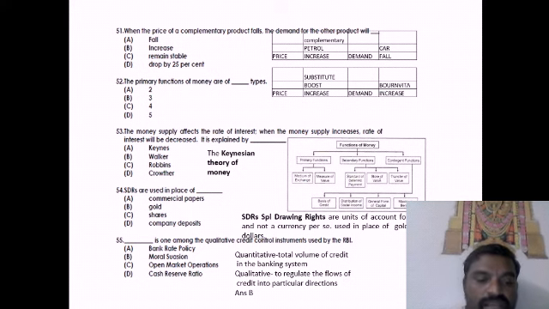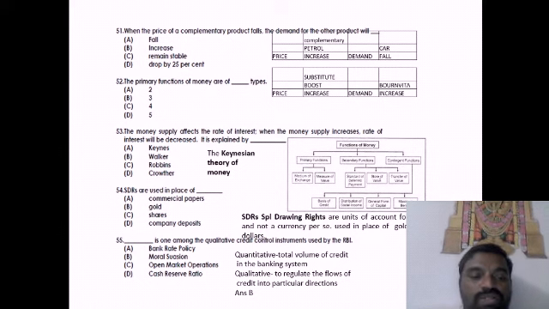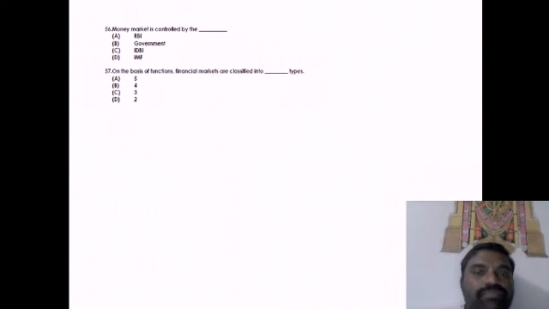So here you see bank rate policy, and bank rate policy is not qualitative, it is quantitative. Bank rate is quantity, and open market operation is quantity based, cash reserve is quantity based. So moral suasion is the qualitative based. So answer is B.